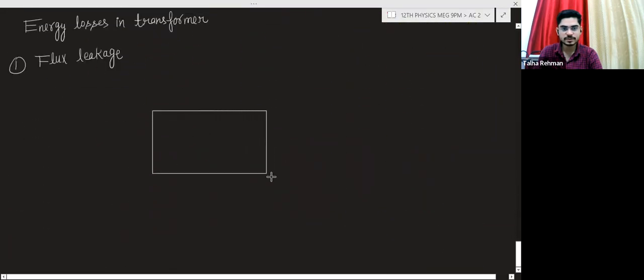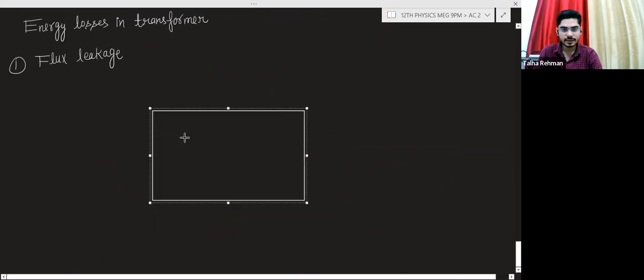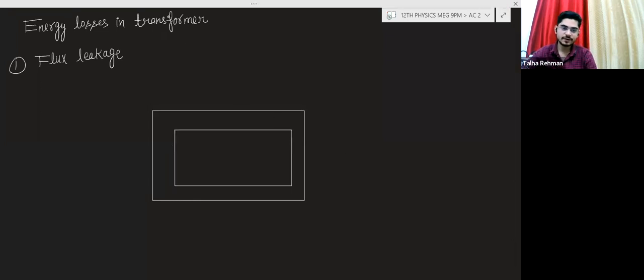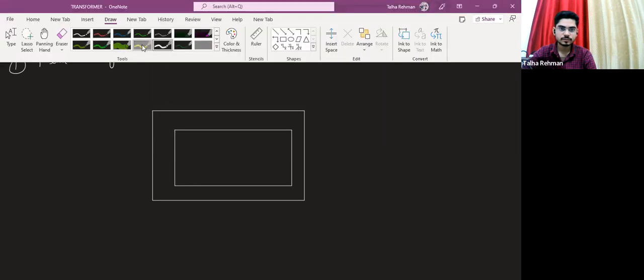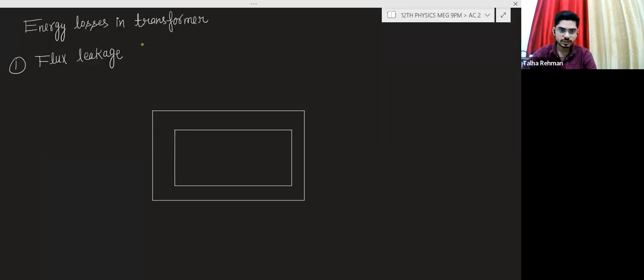In actuality, what happens? This is your transformer, and this is the soft iron core of the transformer. The magnetic field lines will be like this. Suppose this is the first magnetic field line. I am not able to make a straight line. Okay, this will be another, and this will be another.